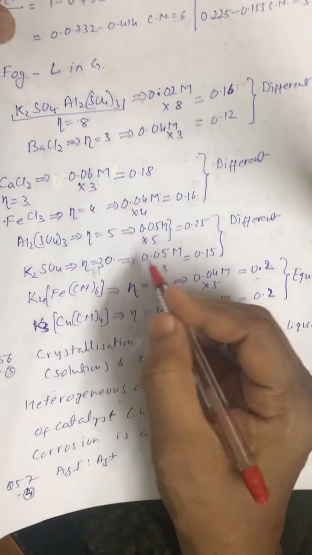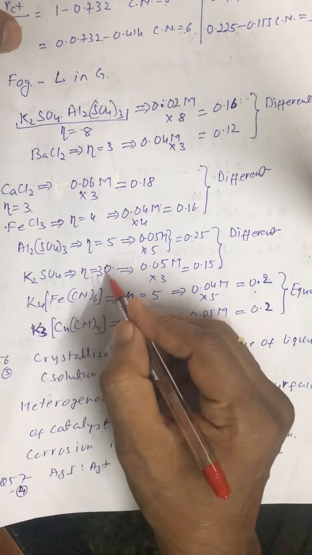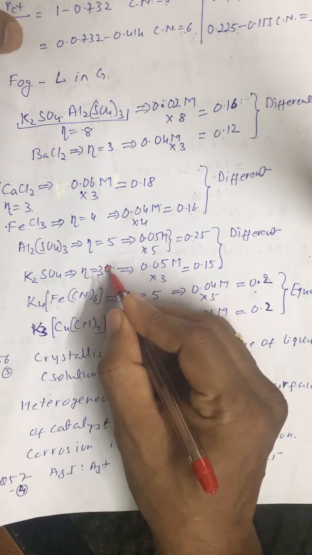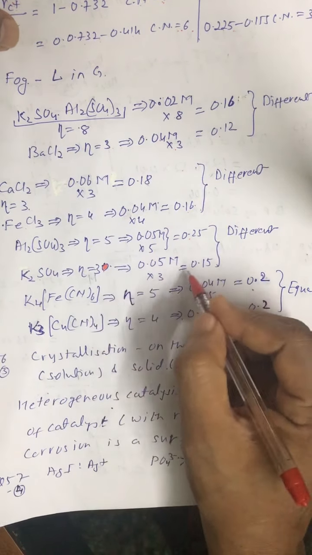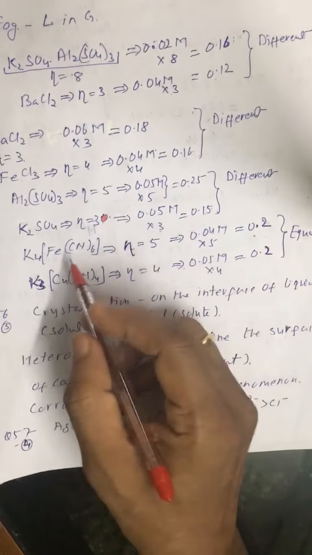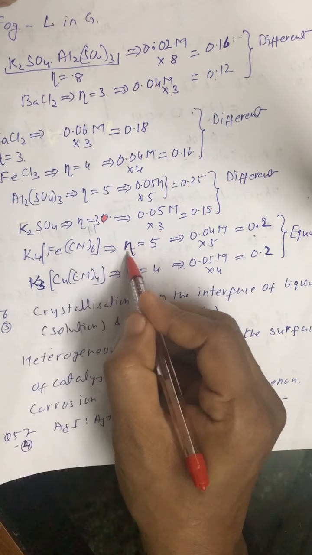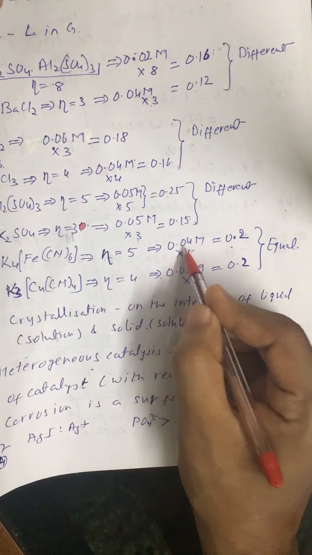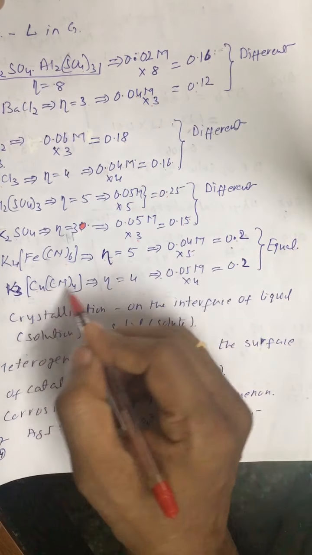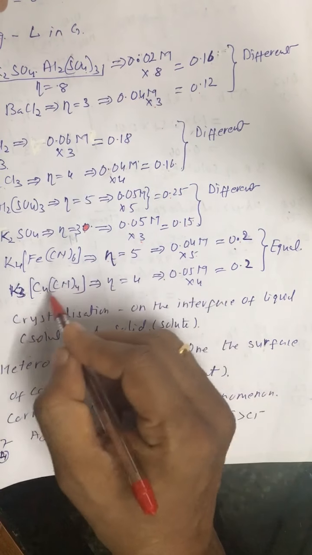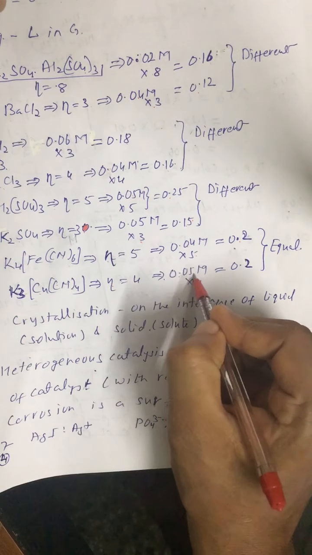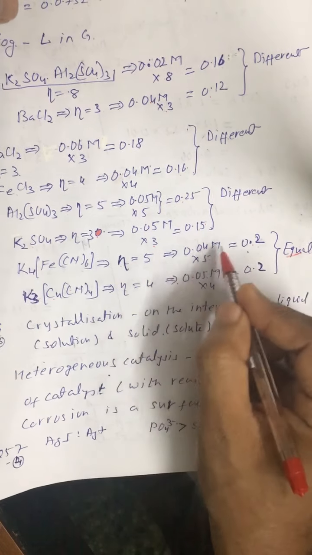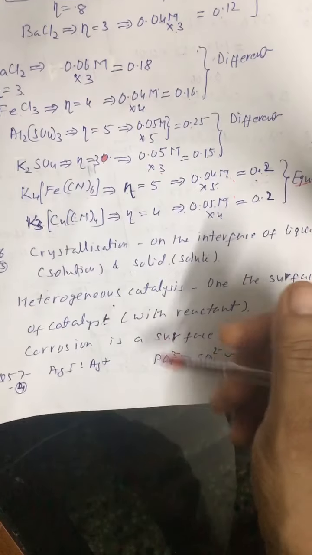K2SO4, eta is 3 multiplied by molarity, so 0.15, they are different. For the last case, eta is 5 for K4Fe(CN)6 multiplied by molarity 0.2, here eta is 4 for K3Cu(CN)4 multiplied by molarity, we are getting 0.2. So they are equal. That means these two will be isotonic solutions.